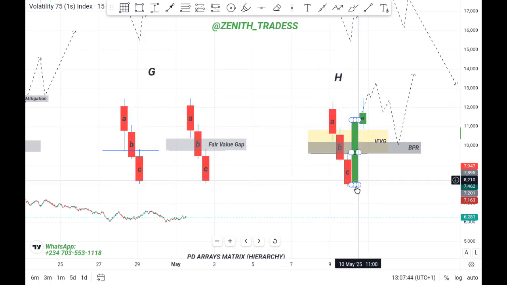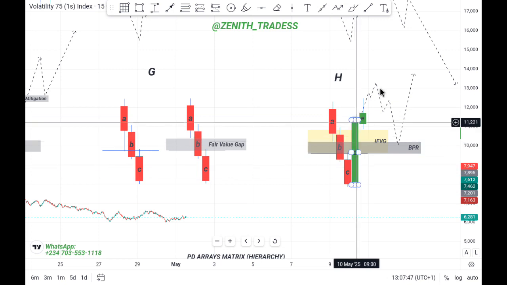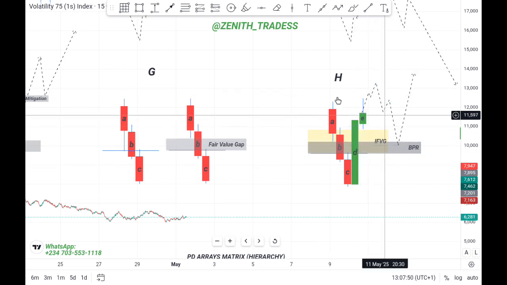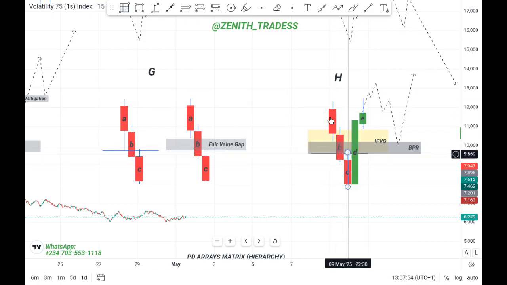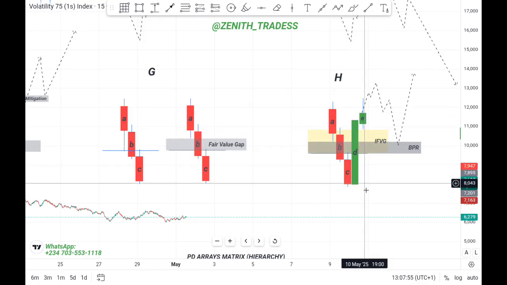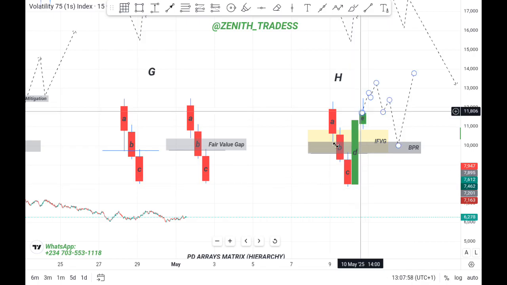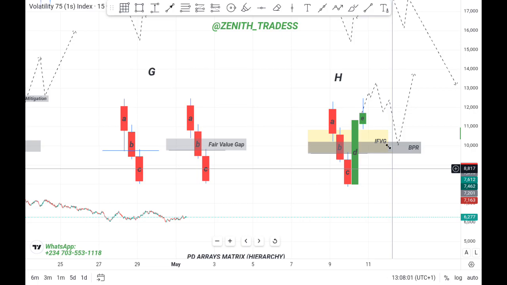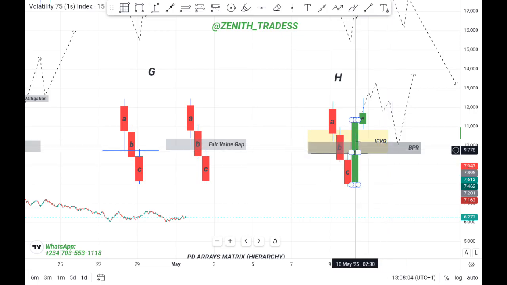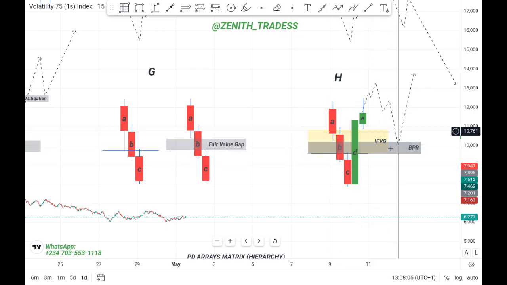Here a change in state of delivery happened, and it created another fair value gap that will be retested. So anywhere you are seeing a reclaim block, expect an inverse fair value gap. The first fair value gap is inverse with the second one, and this is what we call an inverse fair value gap. You can see the fair value gap here, the first one and the second one.